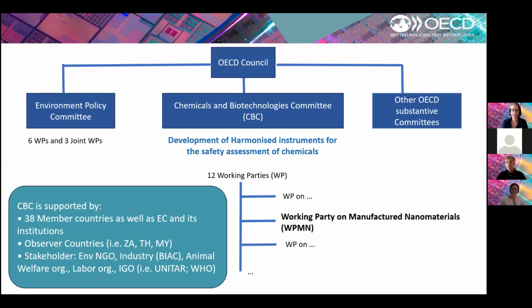So the OECD is an international organization that works to build better policy for better lives. And the overarching decision body of the OECD and its committees is the OECD Council. The OECD Council is the umbrella for around 300 committees, expert groups, and working groups. And the Working Party on Manufactured Nanomaterials is one of 12 working parties within the Chemicals and Biotechnology Committee, in short, the CBC.